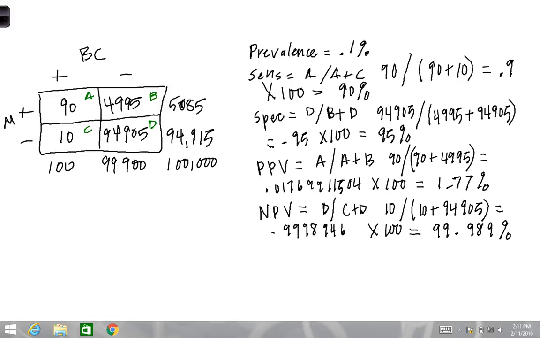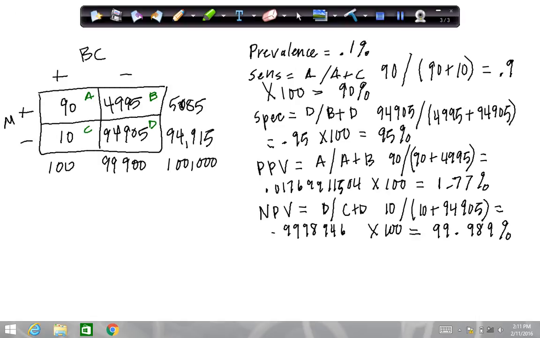So now we want to take this same information, but we want to apply it to a different population. And in this population, let's say that 0.5% of the population has breast cancer, and we have a population of 100,000.